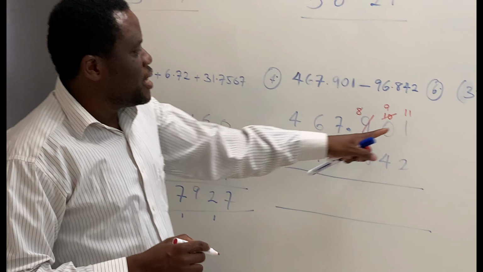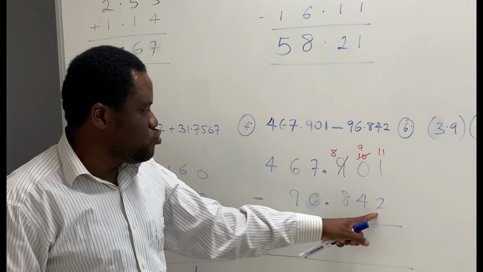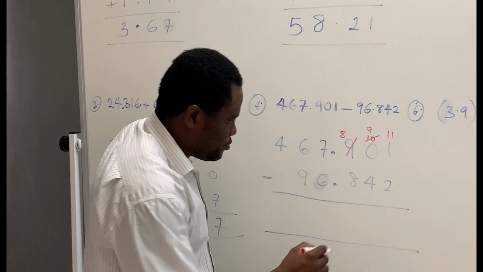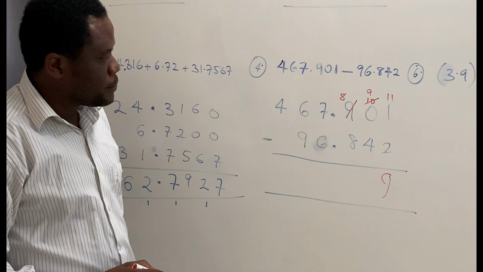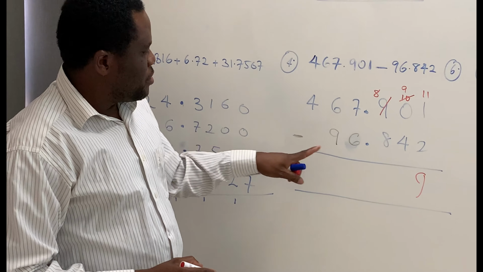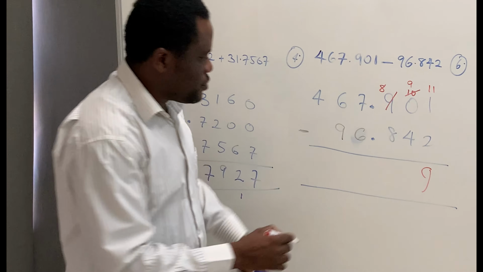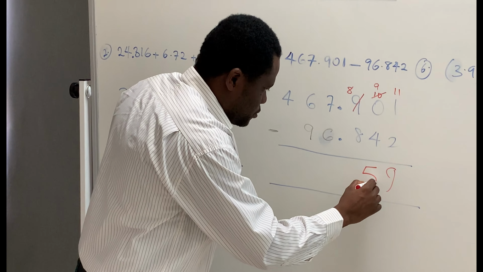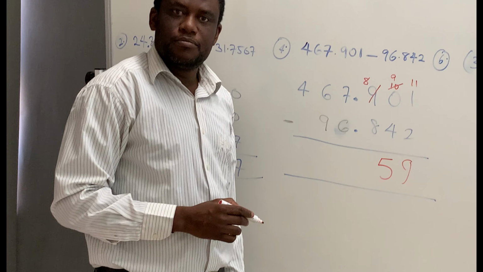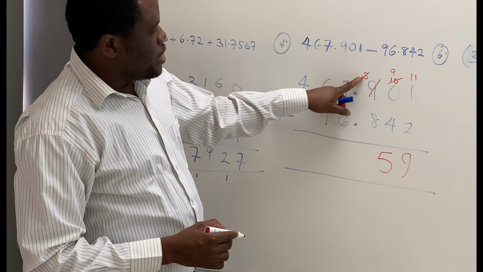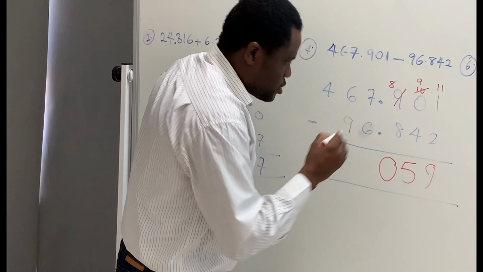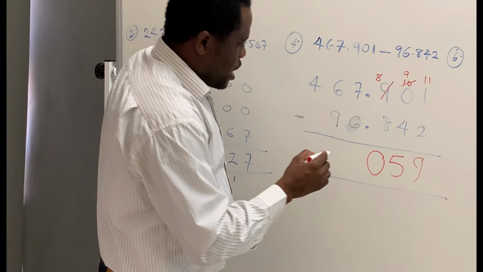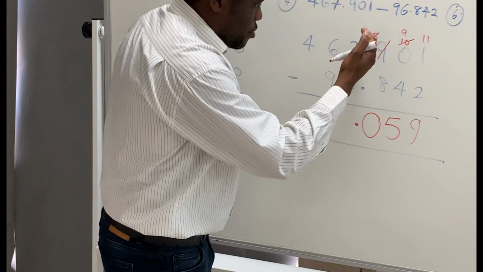Now it's easy: 11 minus 2 gives us 9. 9 minus 4 gives us 5. 8 minus 8 gives us 0. And this is the end of this part.